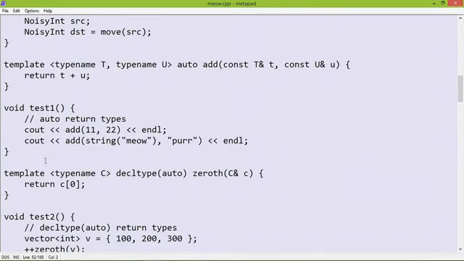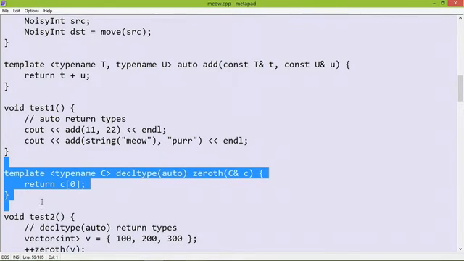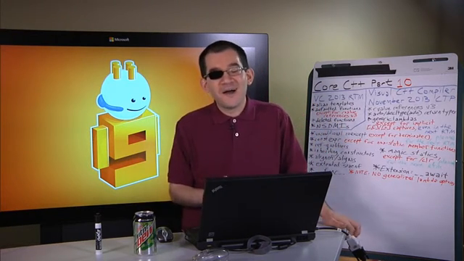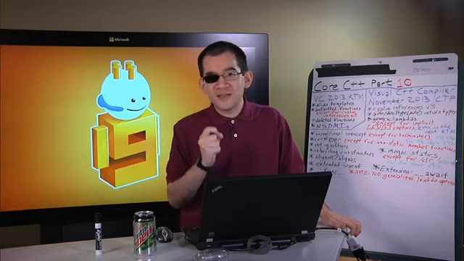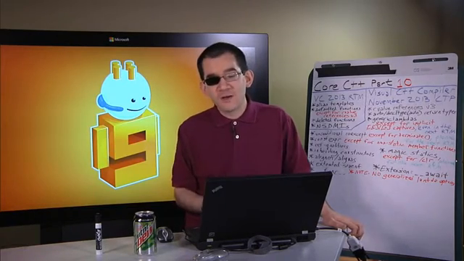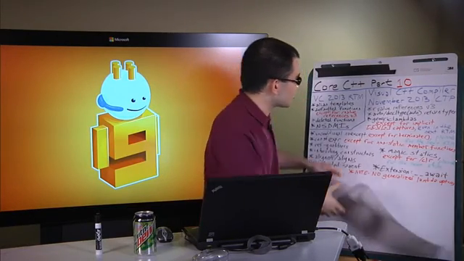Now, you'll notice down here, I've got a slightly different example. So if you think back to C++11, I know it's so old, that was like two years ago, auto follows different rules than decltype. Let me actually scribble this.